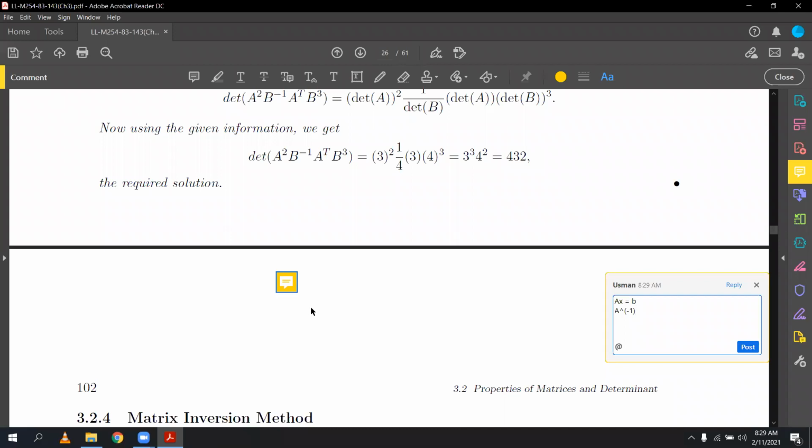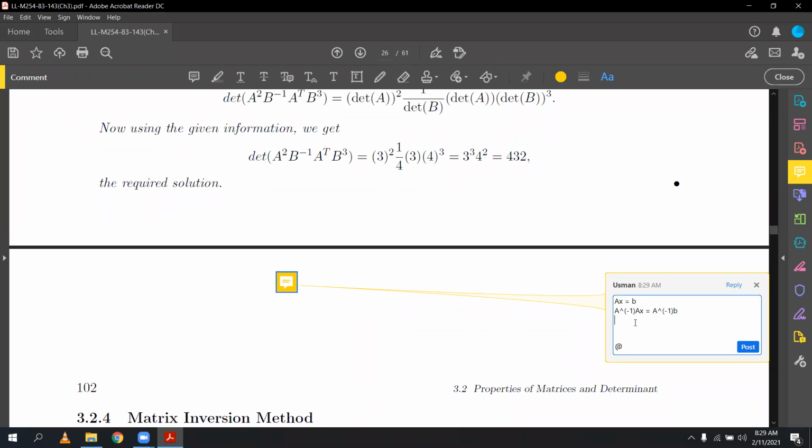Multiply by A inverse: A inverse A X equals A inverse into B. What is A inverse A equal to, please?